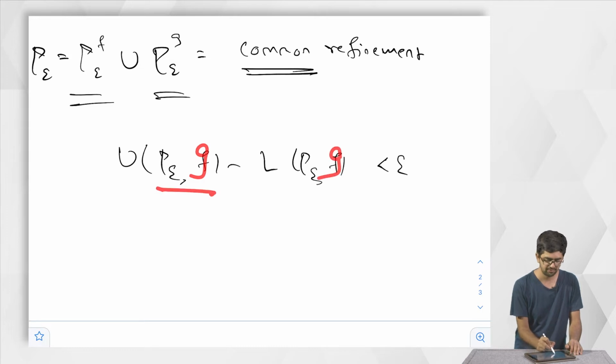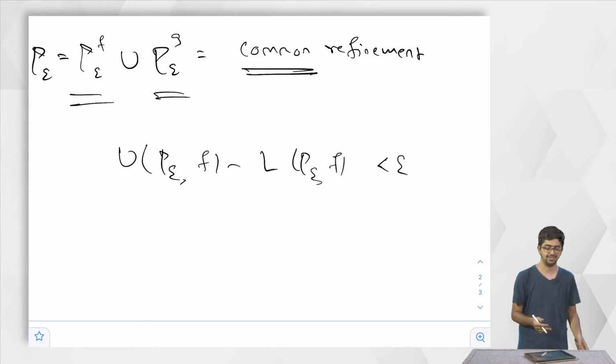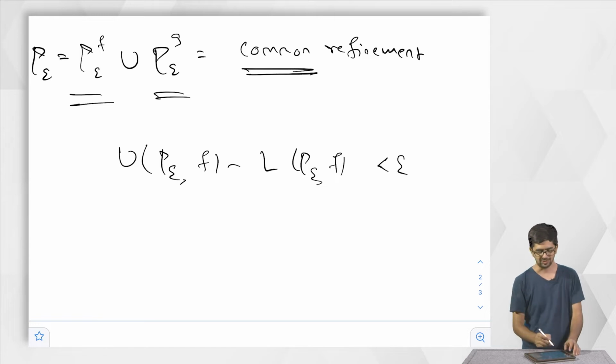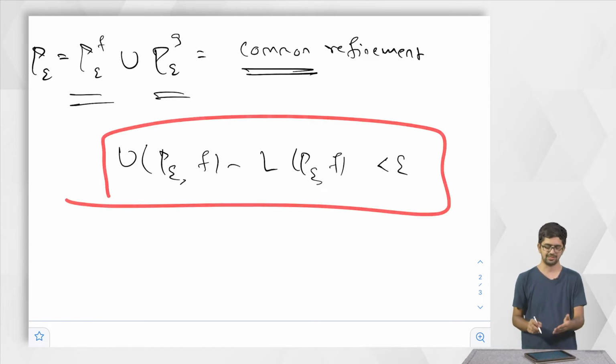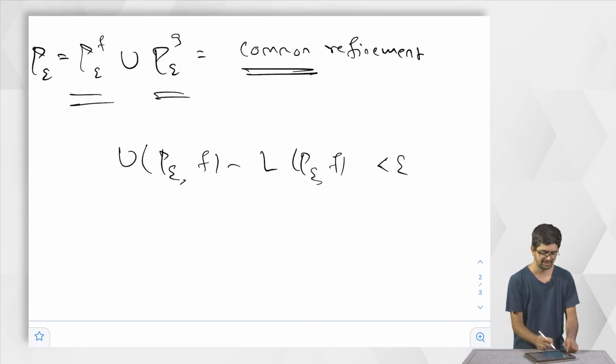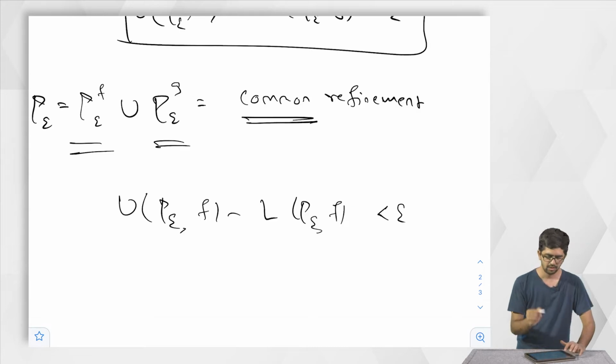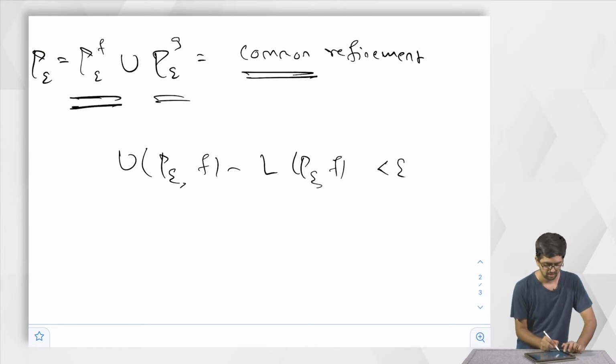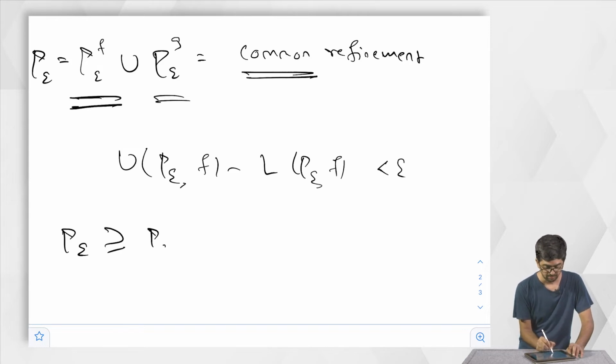So let us do it for f first, and if it does not have any special property compared to g, then once I know it for f, the same thing should work for g also. So let us check this. Now we are trying to see whether this is true or not. As P epsilon f is contained in P epsilon, P epsilon is a refinement of P epsilon f.